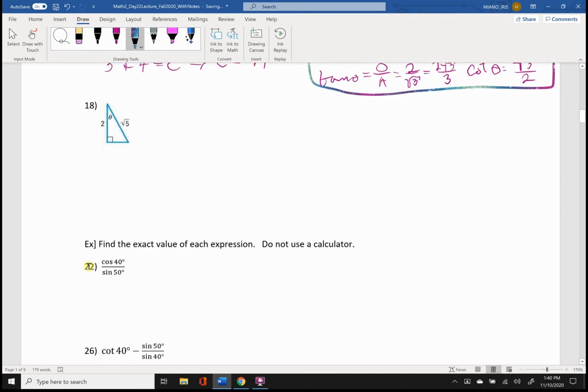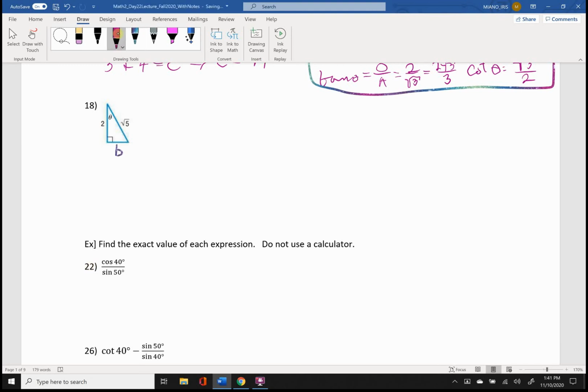Okay, so notice for number 18, we have a right triangle. Theta is positioned in this angle interior area, and we have one leg and the hypotenuse. So we're still going to use the Pythagorean theorem, but a little bit differently. Let's let this side equal b. I'll just go ahead and label it.